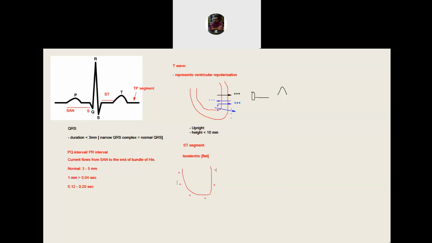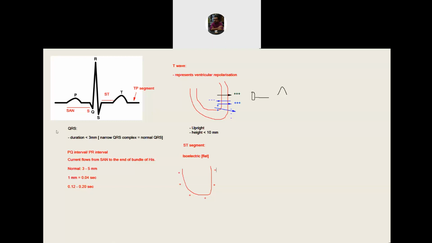So the whole heart is at the same electrical potential. If they are at the same electrical potential, there is no potential difference between any 2 points. And if there is no potential difference, there is no flow of current. So the electrode does not find any current flowing, and that is why there is no upward or downward deflection.